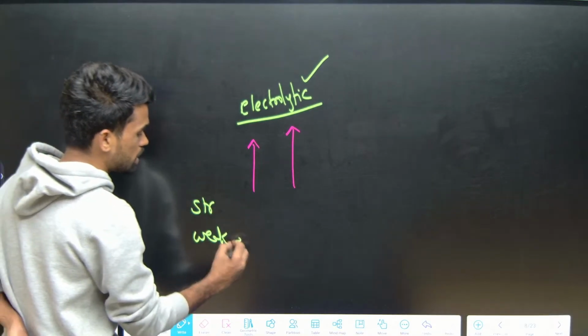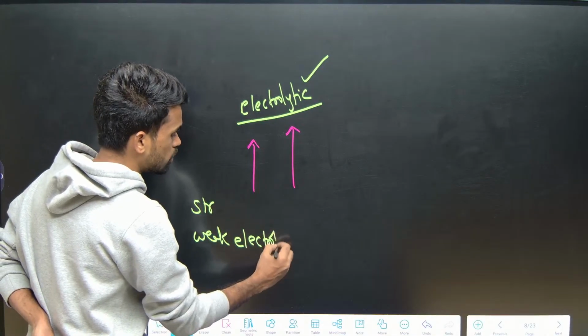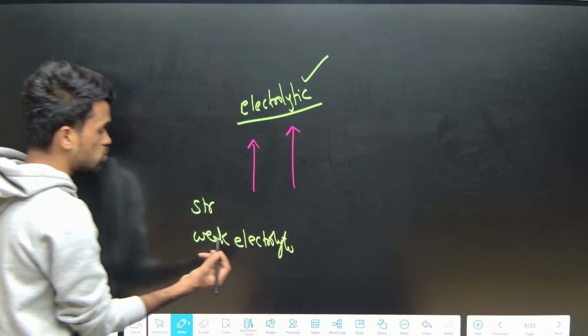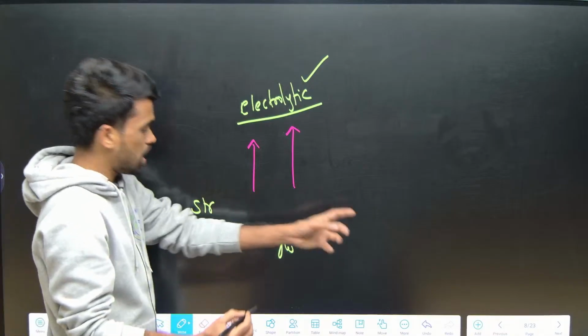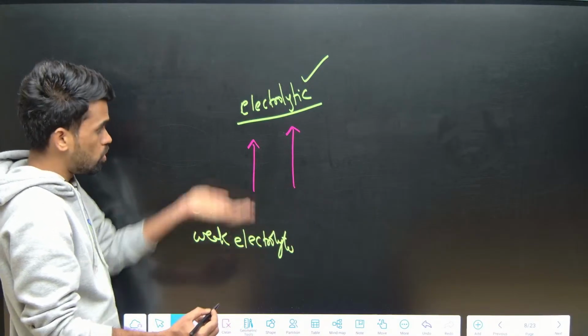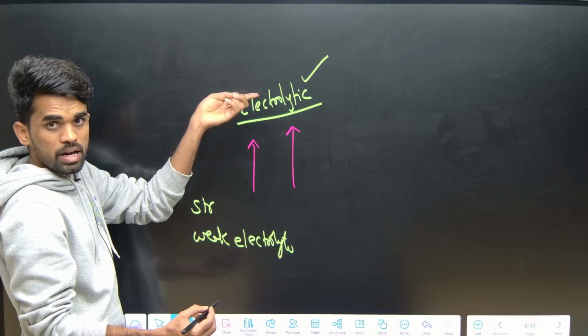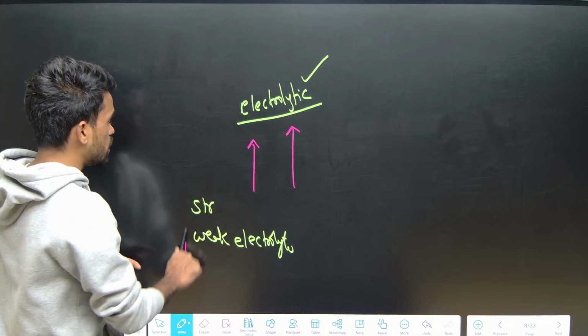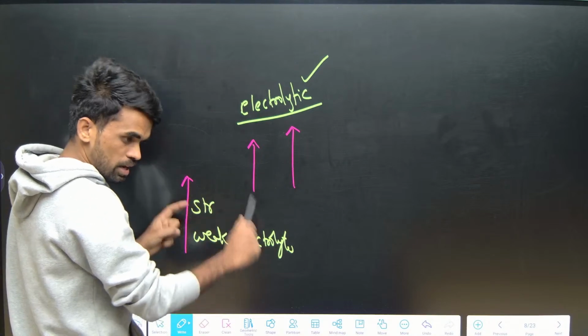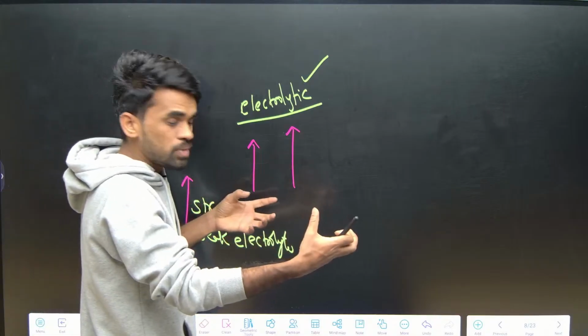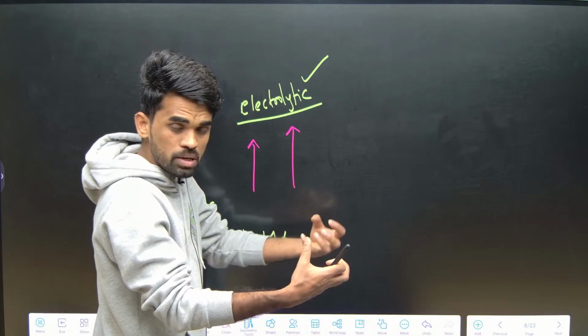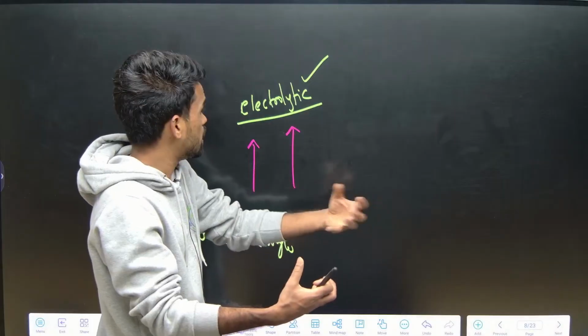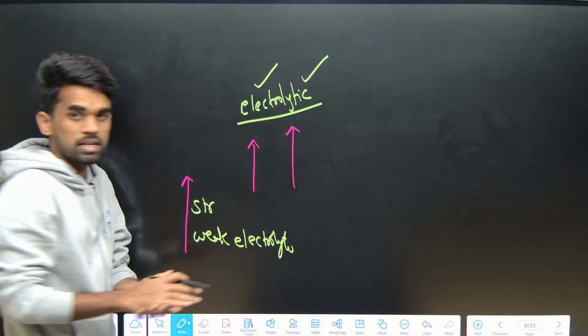When it comes to weak electrolytes, their degree of dissociation, meaning formation of ions from the weak electrolyte, will be more when you increase the temperature. So when you increase the temperature, these electrolytes dissociate easily, and therefore more ions are formed and the conductance of these electrolytic conductors is higher, okay.